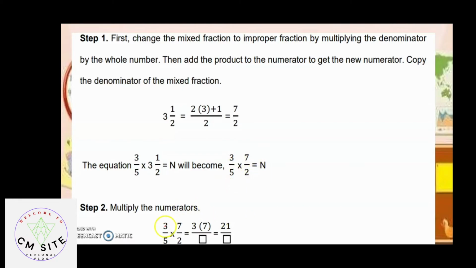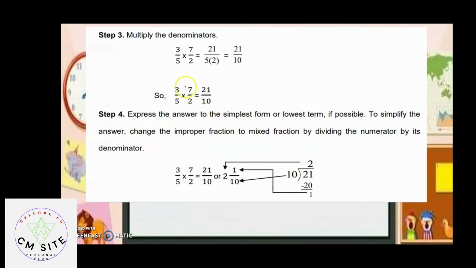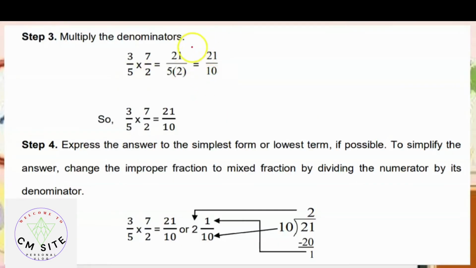So, let's multiply. 7 times 3 is 21. And the denominators, 5 times 2 is 10. So, the answer is 21 over 10. Again, this is an improper fraction. Kaya yung susunod na step, gagawin natin itong mixed fraction or let us divide 21 by 10.